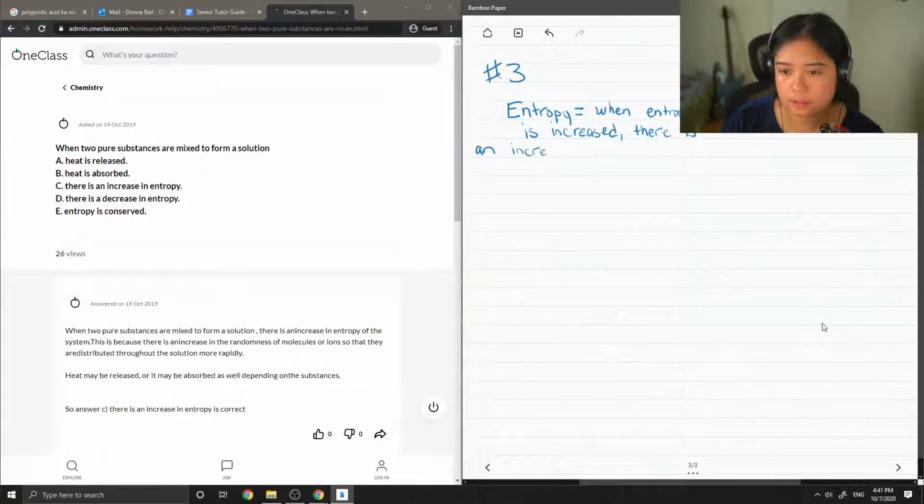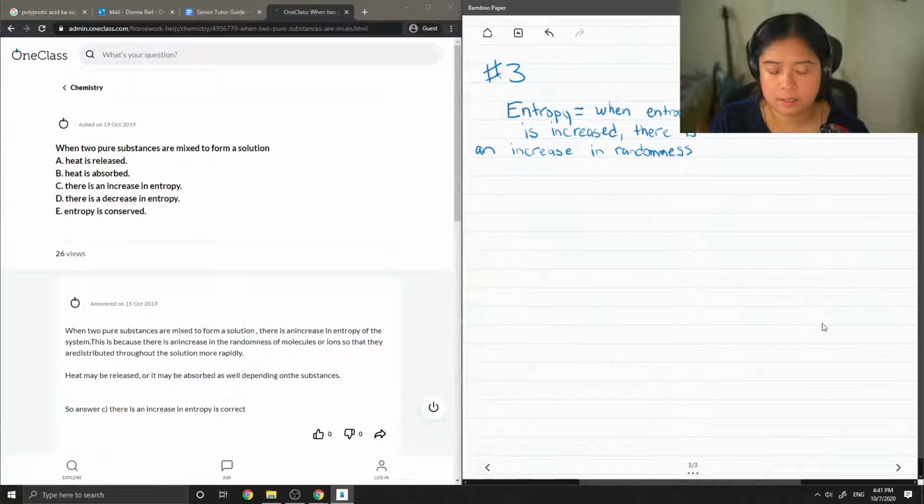So basically this can happen due to a lot of different things. When there's an increase in temperature, there's an increase in entropy because the molecules tend to move faster and tend to get more disordered. In our case, we're talking about 2 pure substances that are mixed together.